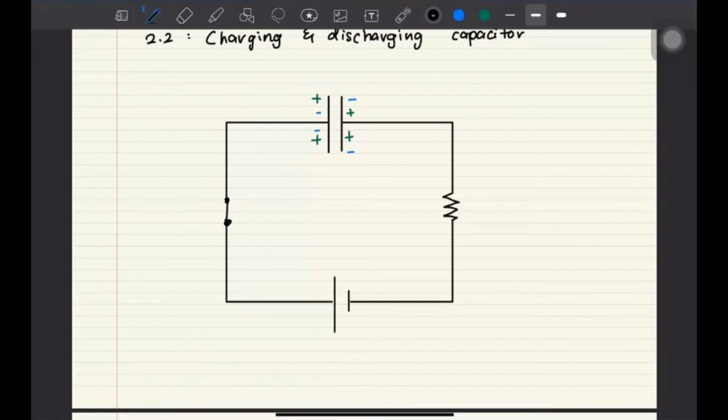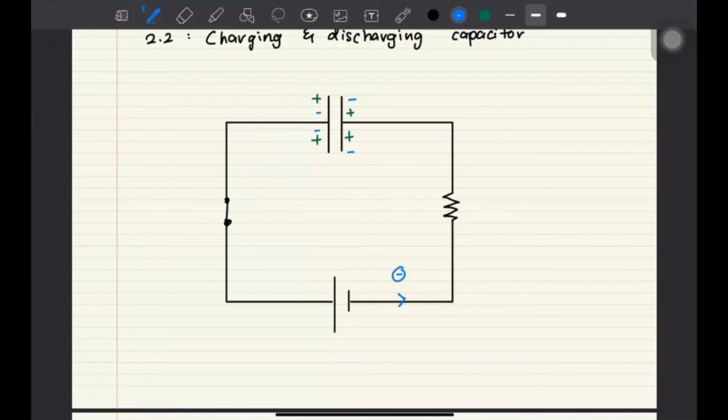So if it's a complete circuit and then you have an EMF, electromotive force, okay, so this battery or power supply will try to push the electron, okay? So the electron will be pushed from the negative terminal, so this would be your electron's direction.